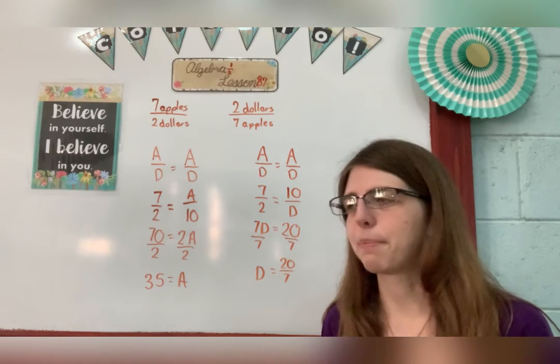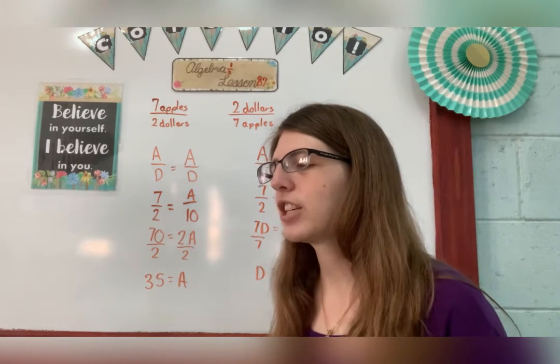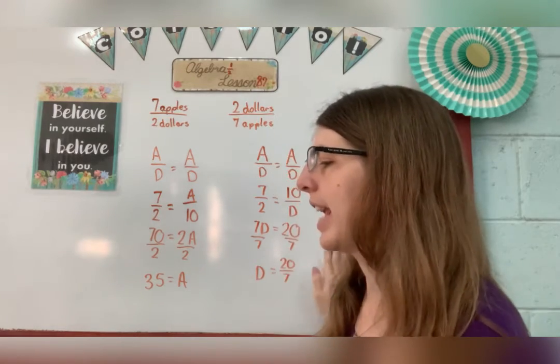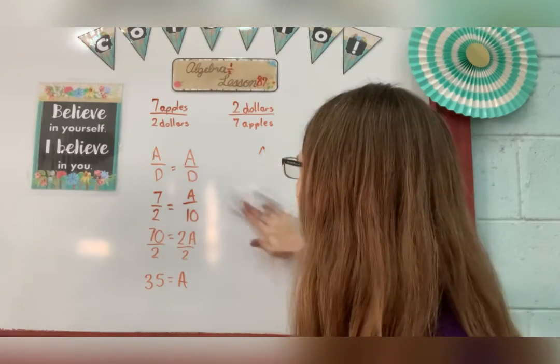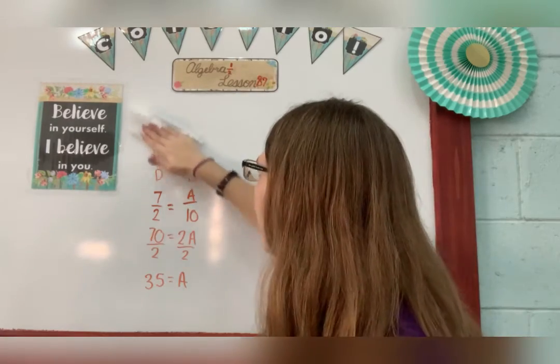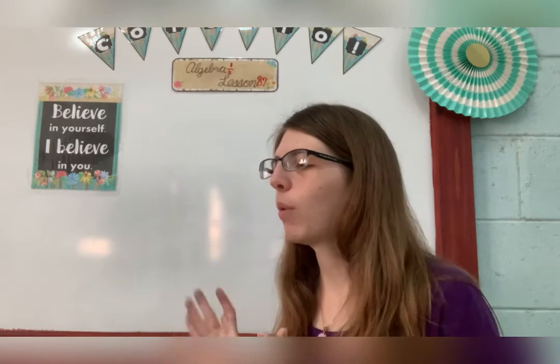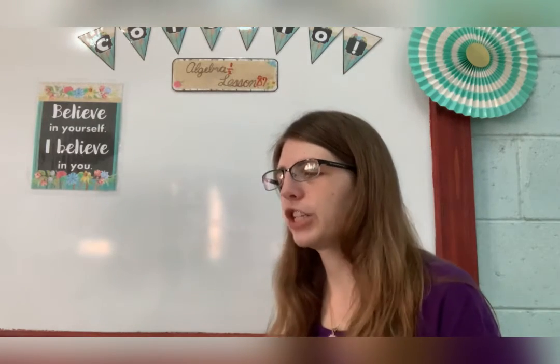So let's look at an example. 14 bags could be filled in 3 hours. How many hours would it take to fill 84 bags? We're going to solve this both ways. We're going to solve it just as a rate problem and we're going to solve it as a ratio problem.